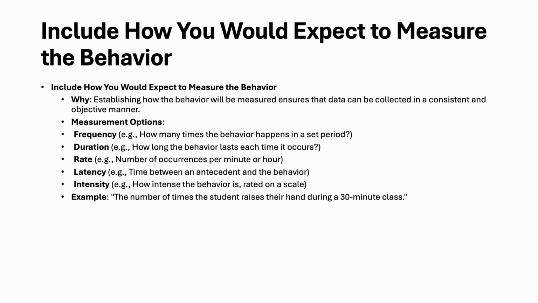So there are different ways to measure intensity in behavior analysis, and you'll learn about all these different forms of measurement in another course in a much more extensive manner. But I did want to expose you to the fact that when we're defining our behaviors, we want to make sure that we mention how we plan to measure that particular behavior.